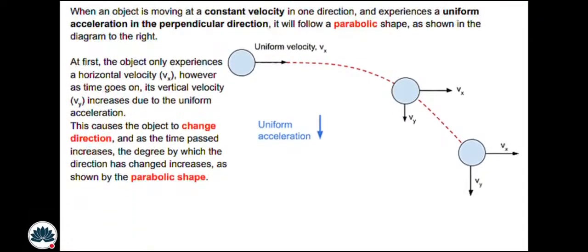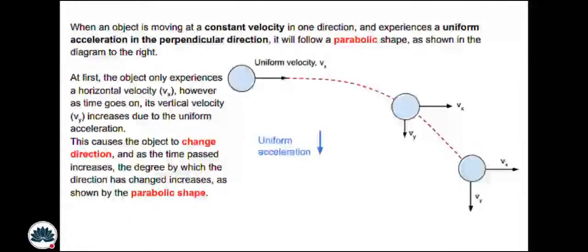Now what I'm trying to explain to you is the horizontal velocity and the vertical velocity. When you can see this parabolic shape, we can consider it, in simple words, a ball.